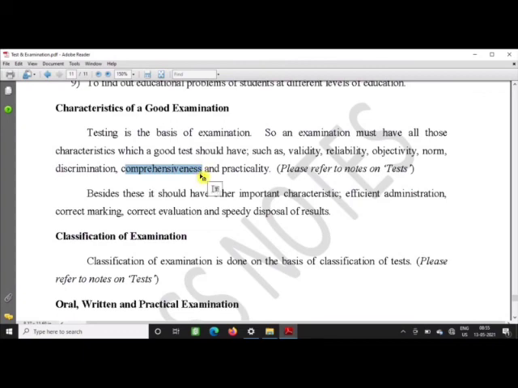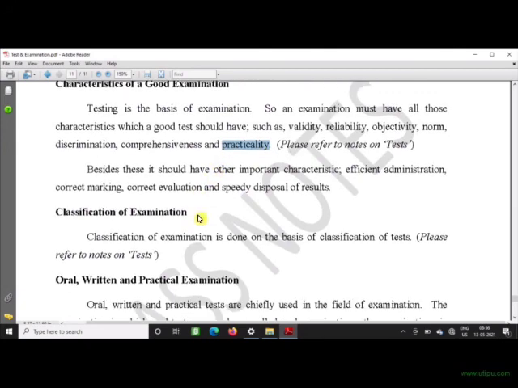Comprehensiveness, that is, the examination should be comprehensive in nature. It should include all the knowledge, everything that has been taught during the course, and the examination should include everything in one question paper. Okay, practicality, that is utility. The examination question paper that you have constructed should be practical. Okay, it should be fit to use.